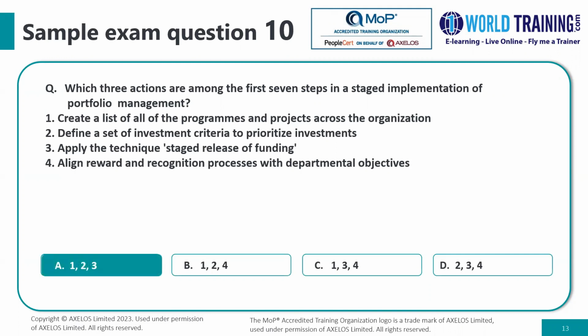Create a list of all the programs and projects across the organization, define a set of investment criteria, and apply the technique staged release of funding are among the first 7 steps. Aligning reward and recognition processes with departmental objectives is not one of the 7 steps in a staged implementation. I would request you to kindly revisit the 7 steps because they would ask you similar questions in the exam.